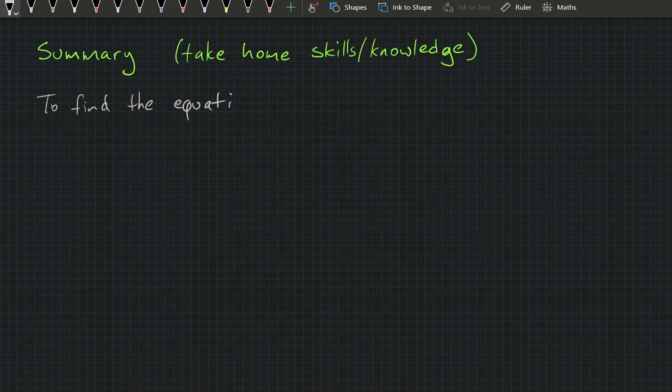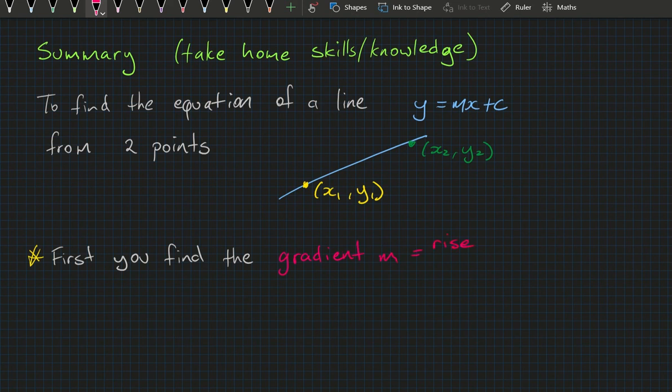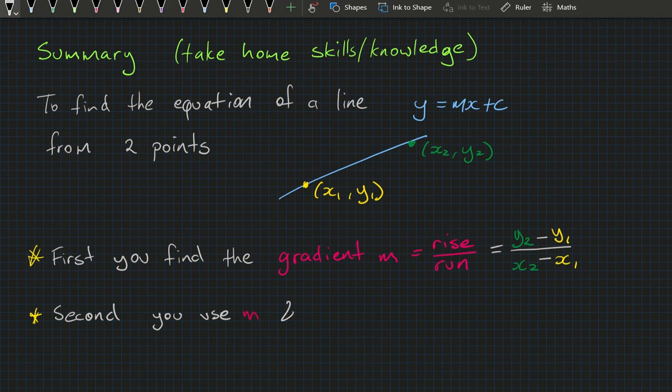So to find the equation of a line, y equals mx plus c, from 2 points, such as this line, and denoting one point as x1, y1, and the other point as x2, y2, first you find the gradient, which is equal to rise over run, which is equal to y2 minus y1 for the rise, and x2 minus x1 for the run.